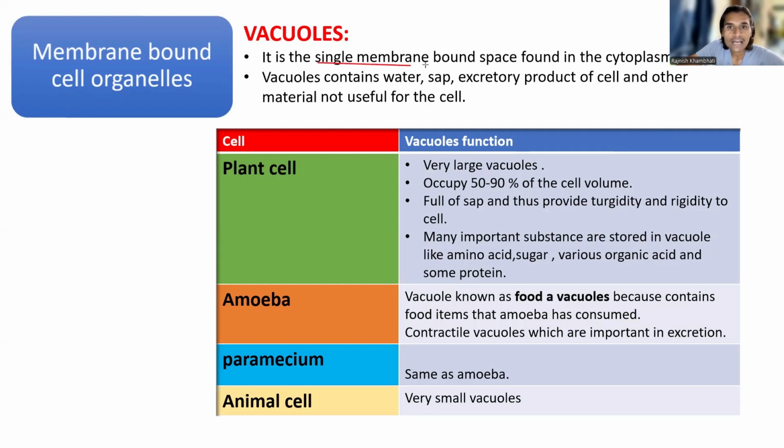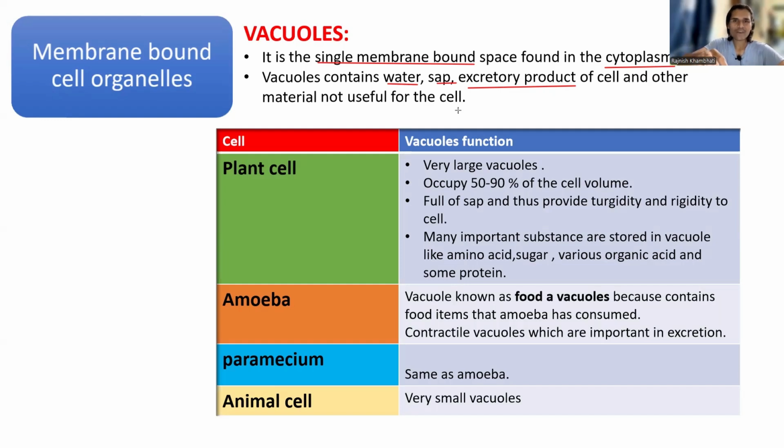It's a single membrane bound structure, a space found in the cytoplasm of the cell. What is inside the vacuole? Water, sap, excretory products of the cell and other materials which are not useful for the cell.